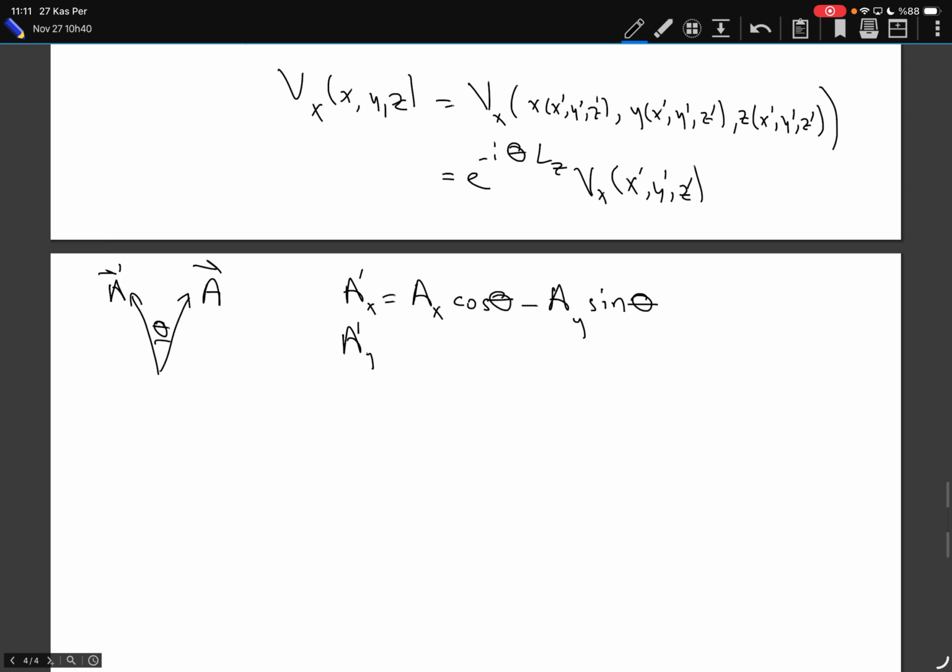Ay prime will be the y component of A before rotation times cosine theta plus the x component times sine theta, and Az prime will be just Az.